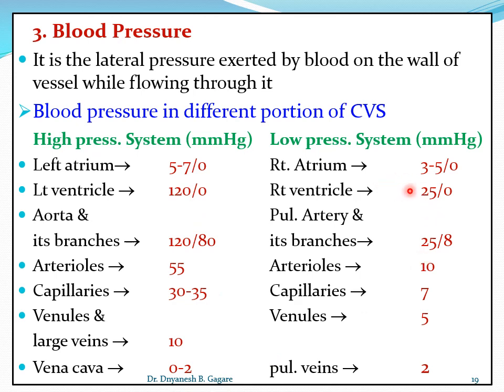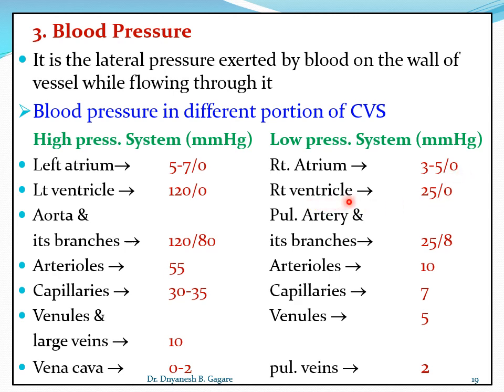Now coming to the right side of the heart, that is a low pressure system, the pulmonary circulatory system. If you see the blood pressure in the right atrium, it is 3 to 5, that is systolic pressure, and diastolic, that is when the atria dilate or relax, it is 0.